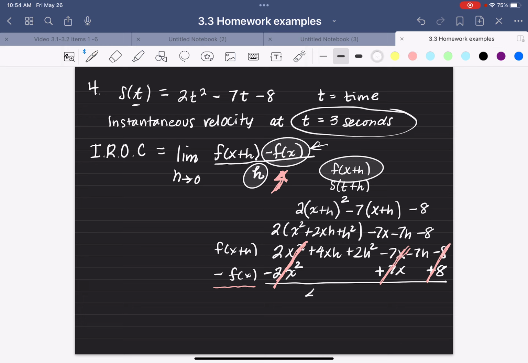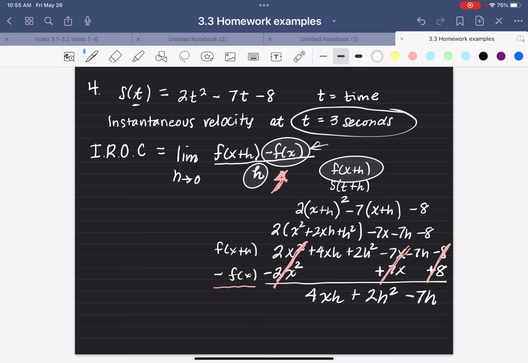That leaves me with 4xh plus 2h squared minus 7h. And at this point, all terms should have an h. And if they don't, you know you have a problem. Anything without an h has to be removed. That's what this says, just the plain f of x. But everything that's left should have an h.